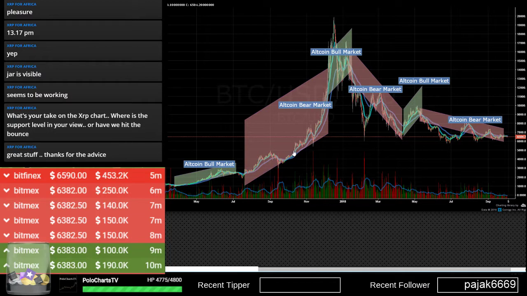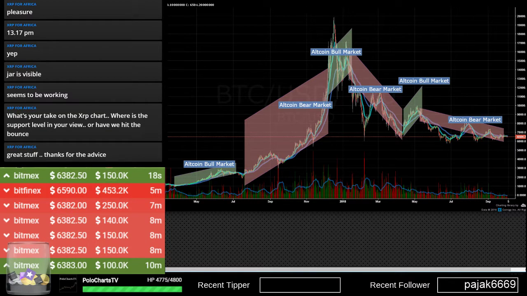As prices of Bitcoin were going up, all the alts were being squished down, all the way down through September, October. And then in November of 2017, they started making this bottom formation. And December, after Bitcoin topped, then the alts popped up big time. And that was another altcoin bull market, but it only lasted for not even fully 2 months. Then there was the altcoin bear market, a little bit of a bull market through April, May of 2018, and then the rest of the altcoin bear market that we are just hopefully finishing up on now.